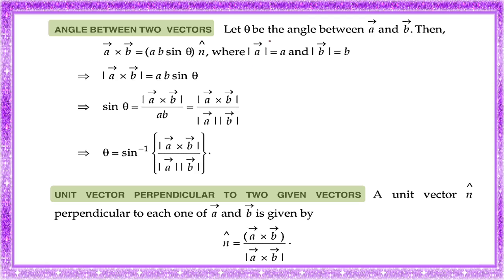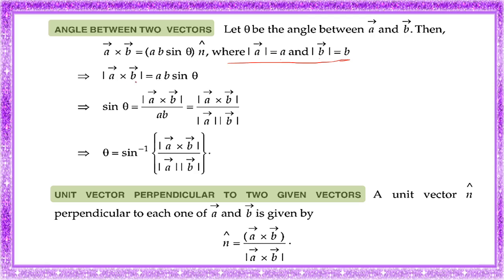Angle between these two vectors, let theta be any angle between A and B. Then A cross B is AB sine theta unit vector n. And the magnitude of A is A and magnitude of B is B. We discussed earlier in this video that sometimes we write the magnitude like that, we represent it with the same variable.